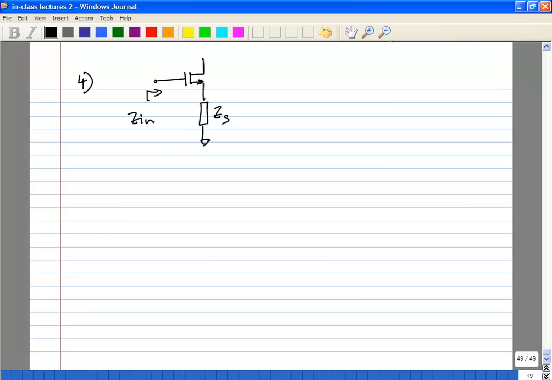Okay. So let's do the equivalent circuit and find out the input impedance in terms of Zs, and then we'll find out what happens when you put in different components for Zs.